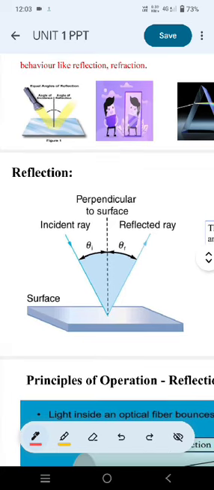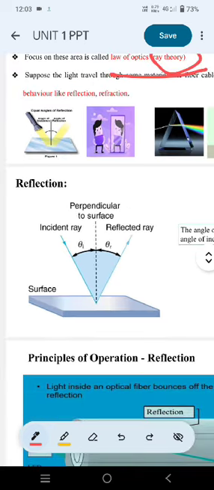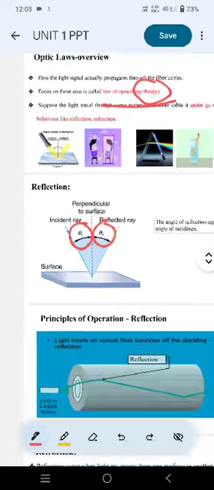Reflected means the incident ray, when it reaches the surface, gets reflected back. In reflection, the incident ray is incident on the surface and creates the angle theta i, and it gets reflected back at the angle known as theta r, the reflected ray.